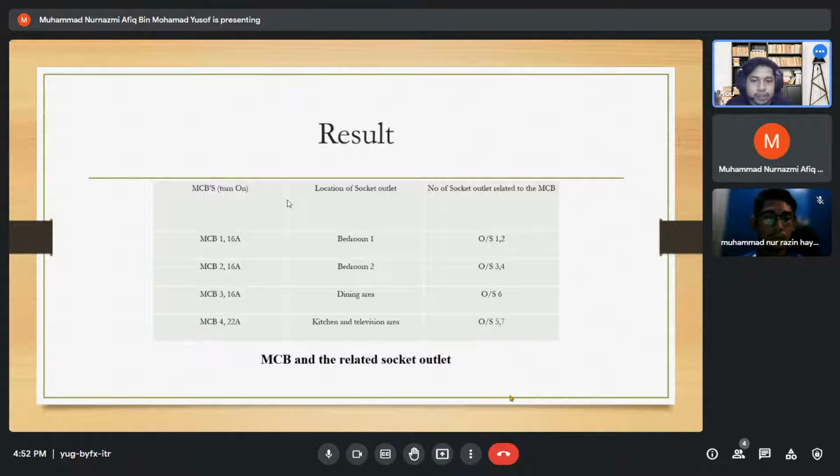For MCB 3, the location is the dining area, and the related socket is socket 6. For MCB 4, which is 2.2 ampere, the location of the socket outlets is the kitchen and the television area, and the related sockets are S5 and S7. Okay, that's all from me.